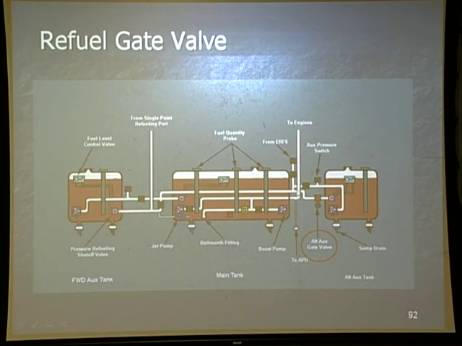It's going to be back down here, and if this valve is not closed, it's going to go right back into the aft aux tank. So basically, it's just going to be cycling in there. As long as this valve is closed, it's going to go down here, hit this one-way check valve, and then fill the main tank.